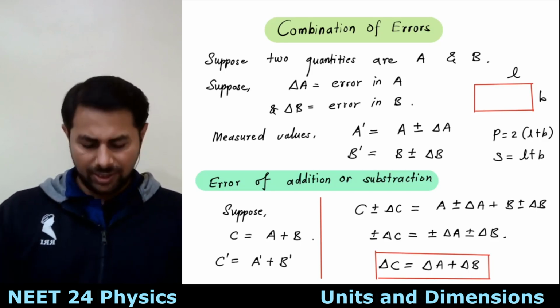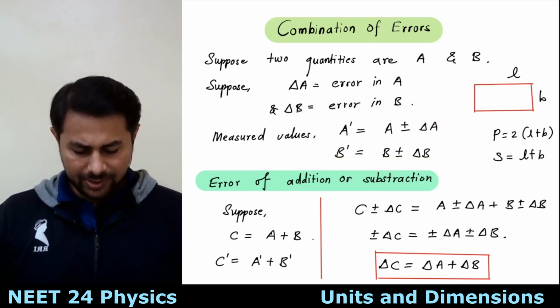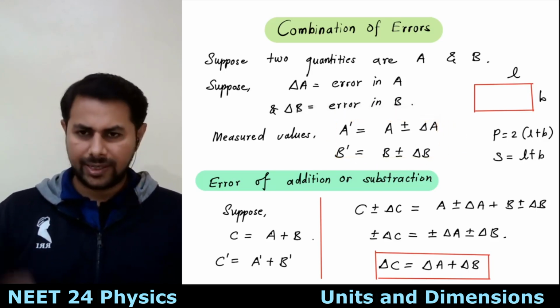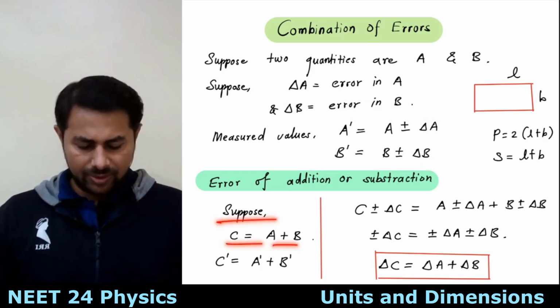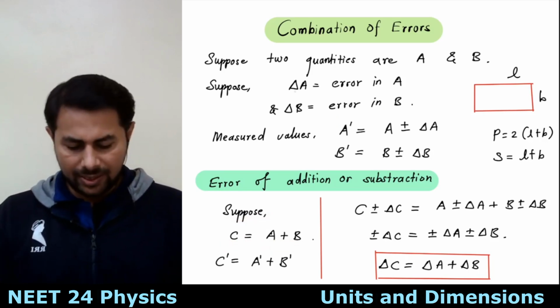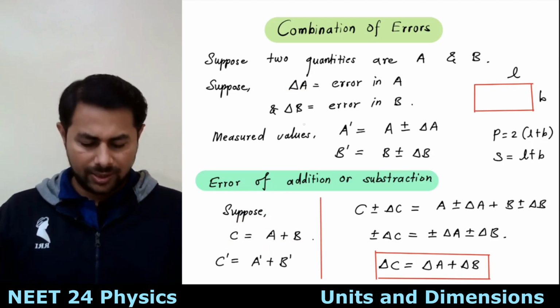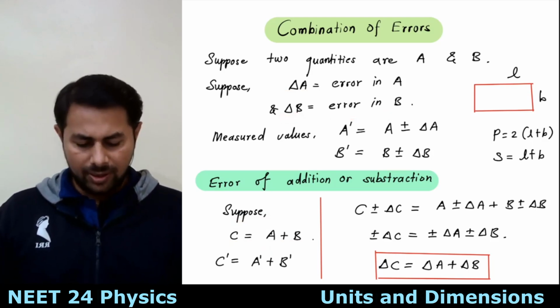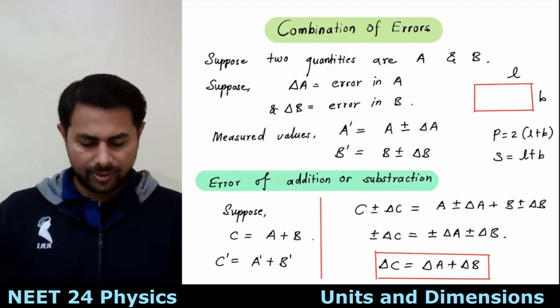So in case of addition and also in case of subtraction, what happens is the mean absolute error gets added up, okay. So suppose you can take C is equal to A plus B, right? A is one quantity and delta A is error in A, B is another quantity, delta B is error in B, and suppose C is equal to A plus B, okay.